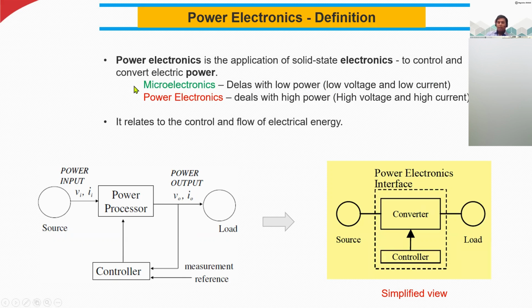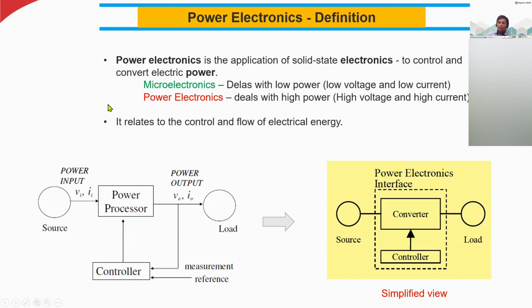So here maybe you have studied digital electronics, analog electronics, even medical electronics, and so on. But in power electronics, we deal with high power systems and high power applications, where the application needs high voltage and high current, especially for power generation, transmission, distribution, and utilization.